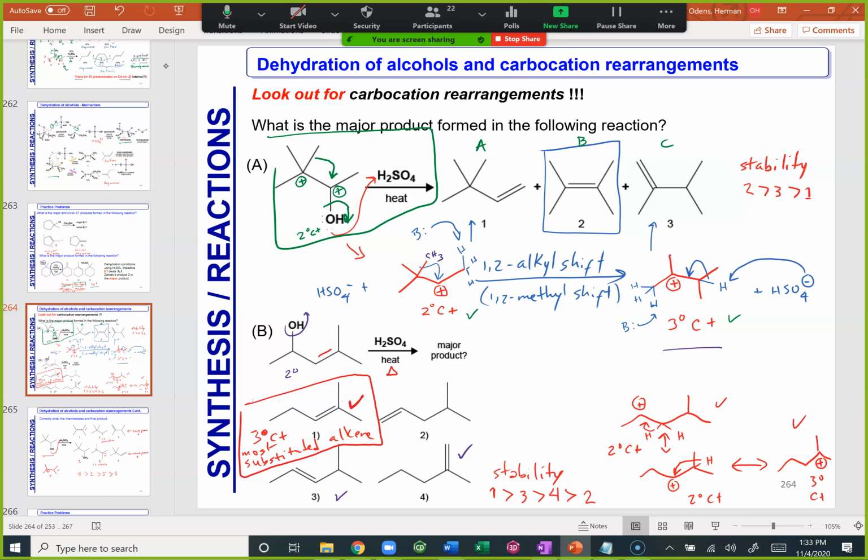The second step makes the tertiary carbocation, and then you can do the elimination. The SO4 minus grabs this H and turns it into your favorite alkene, tetrasubstituted, quite stable.